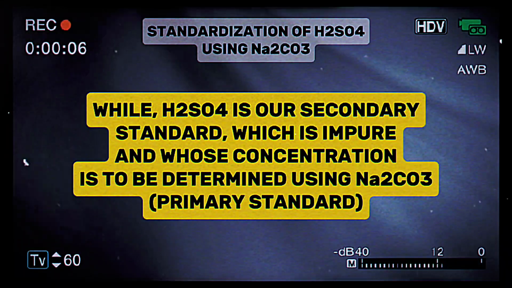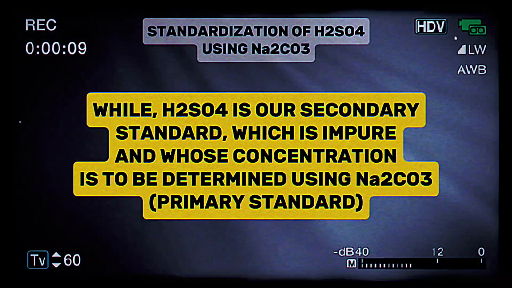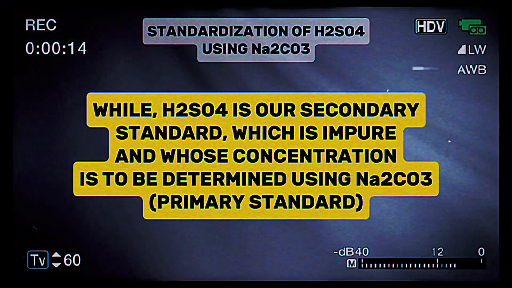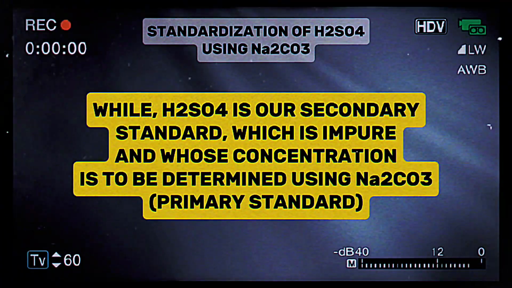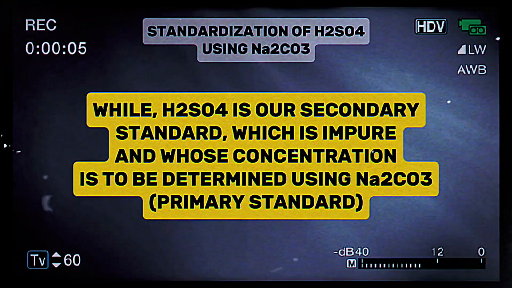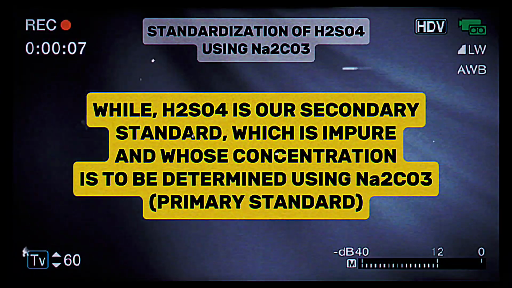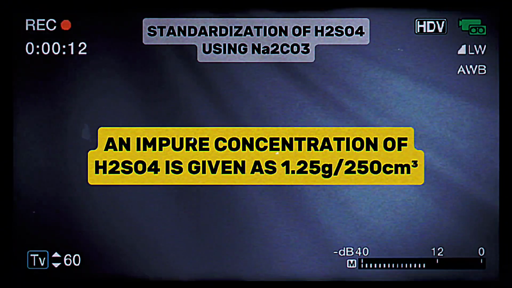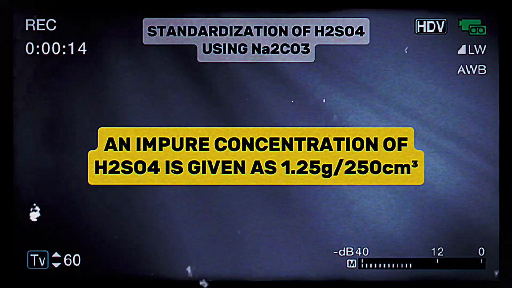And that is why at the end of this experiment, we'll be standardizing it, that is determining the concentration, and we'll also be determining the percentage purity, because we'll be served with a concentration of sulfuric acid that is impure. You see, secondary standards are not as pure as primary standards.